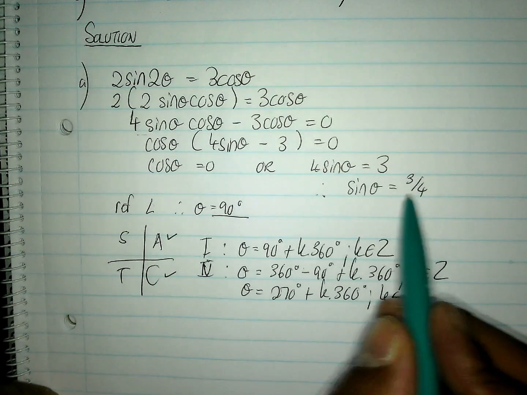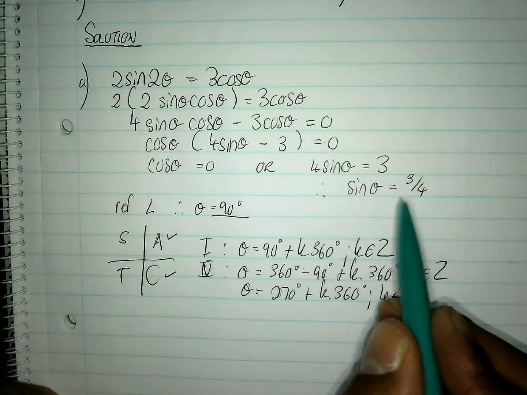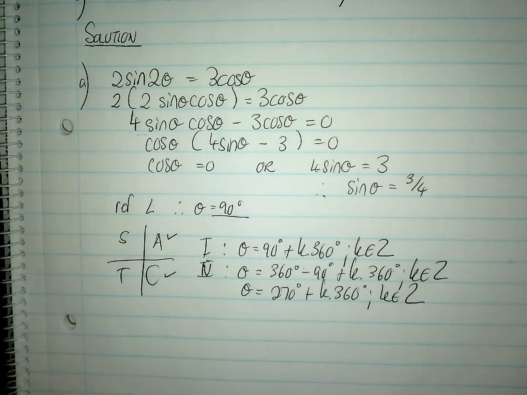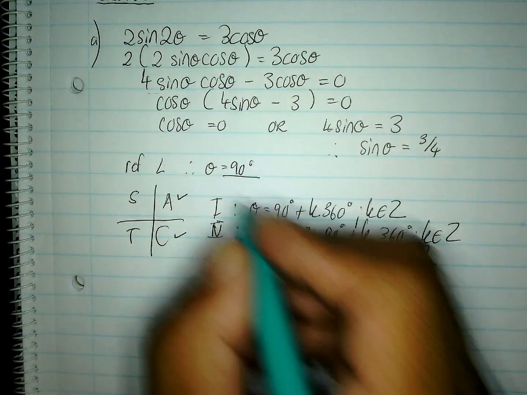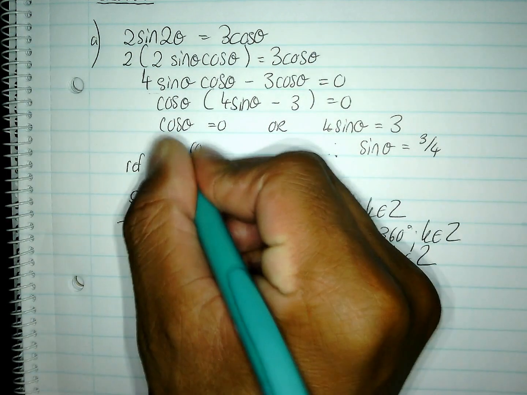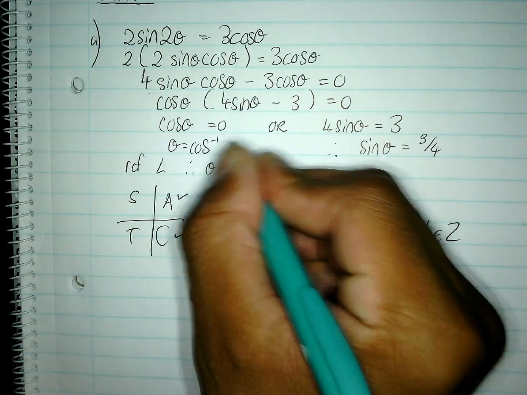Then we're looking at sine theta now. First we have to identify the ref angle for sine. So we have cos theta equals 0, let me just write this one down.